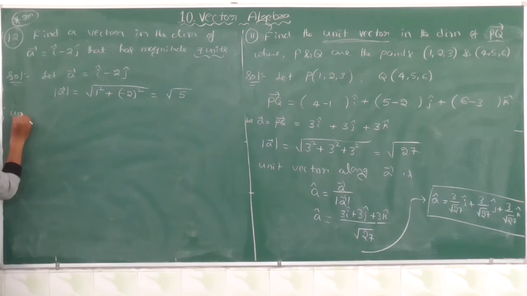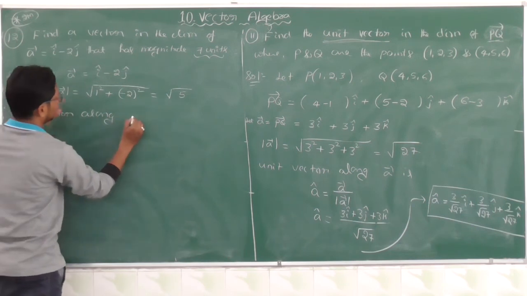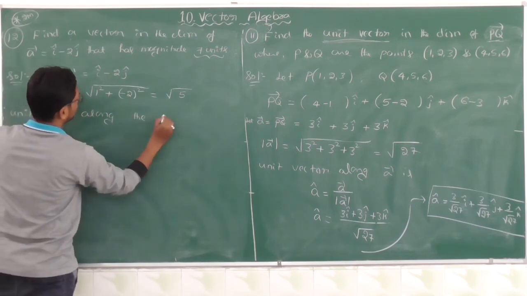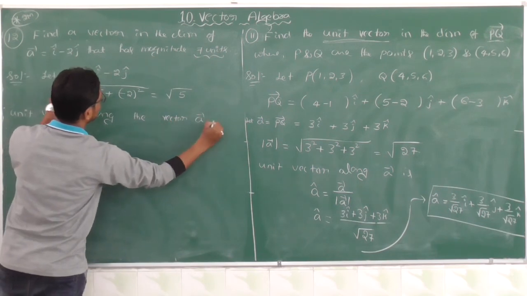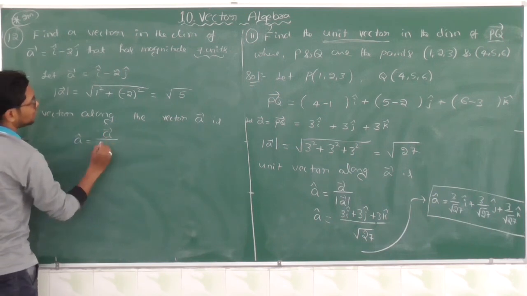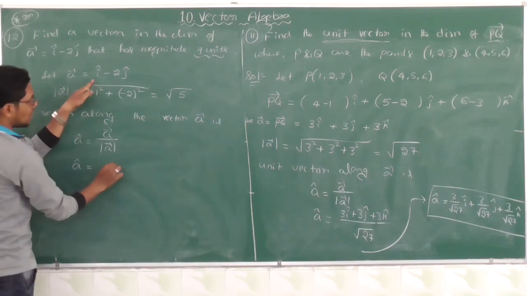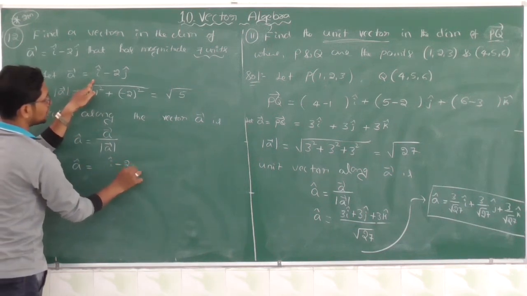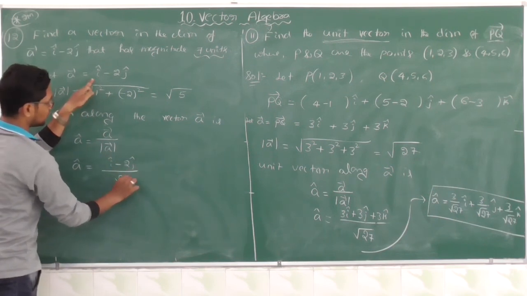Next, the unit vector along the vector A is A cap equals A vector divided by magnitude of A vector. A cap equals i cap minus 2j cap divided by square root of 5.